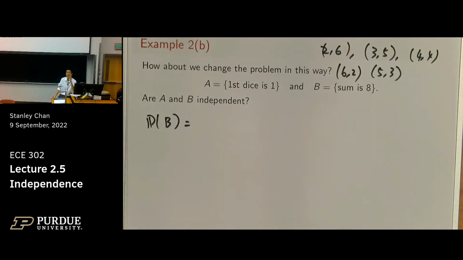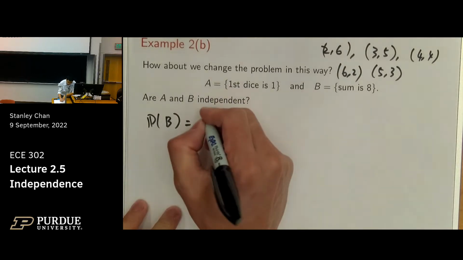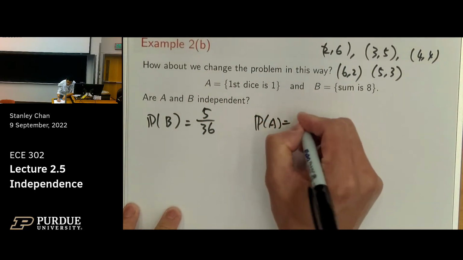So there are 5 possible combinations that can give you this sum equals to 8. So what is the probability getting B? Your 36 possible outcomes. 5/36. Okay. And probability of A is 1/6.